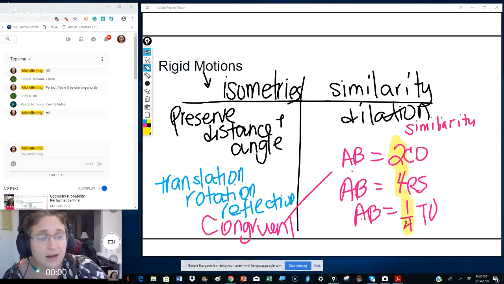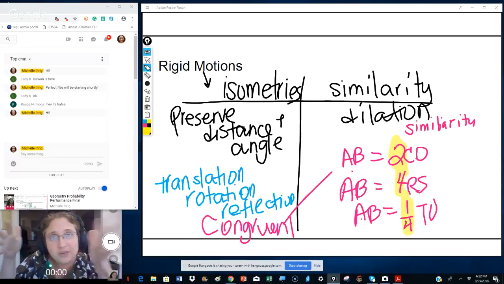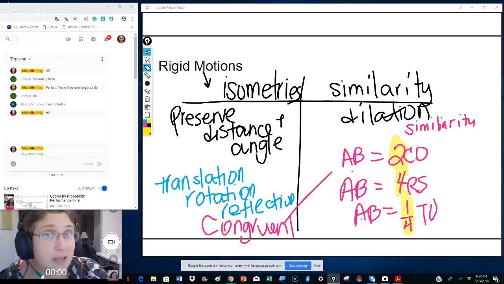They are not congruent because we're going to have to do stuff with the sizes. They might be similar, but they're definitely not congruent.